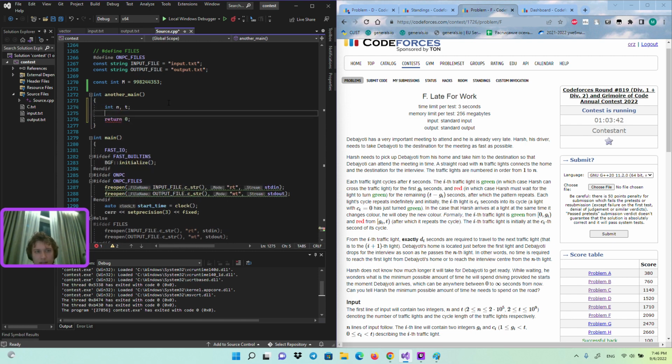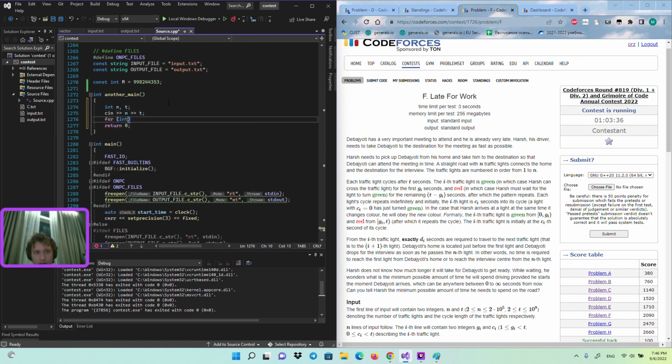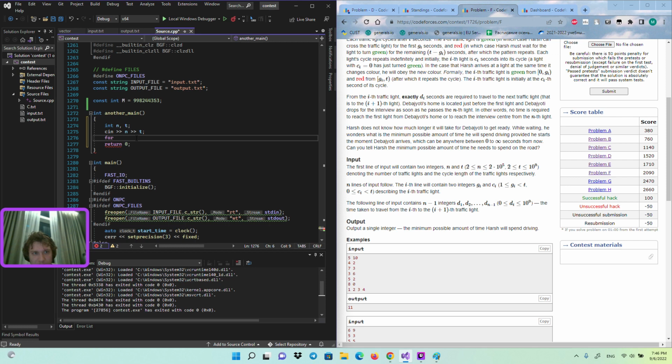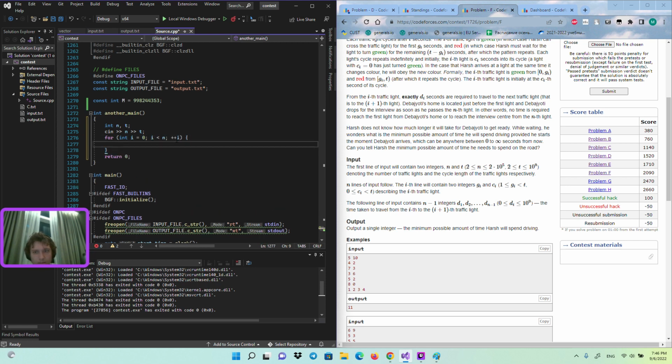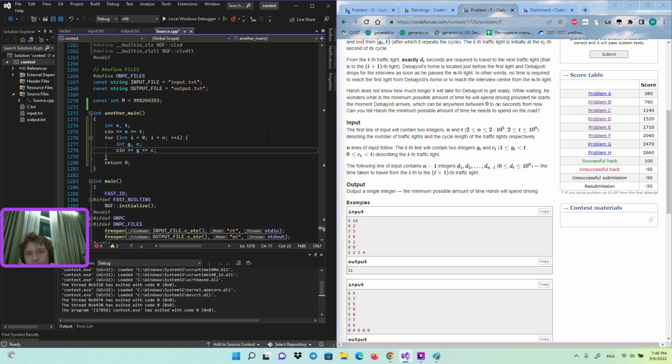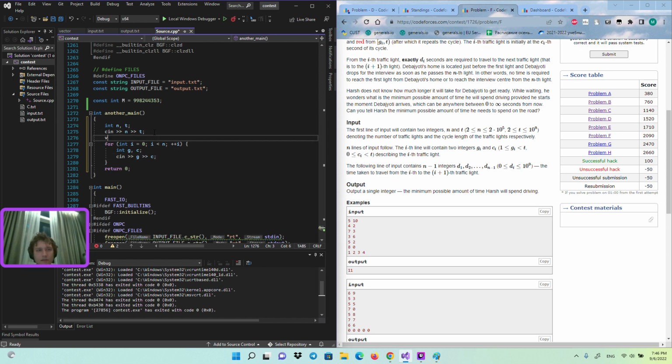So int n and t, we read them, and then we read these numbers, g and c. As I said, this will be done in the end. Okay, in this case, let's just do it in arrays.